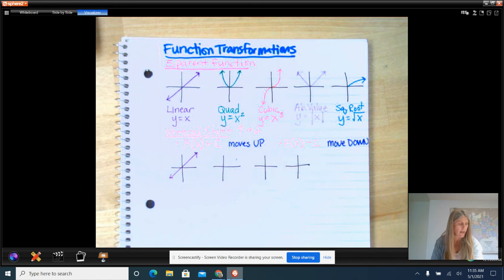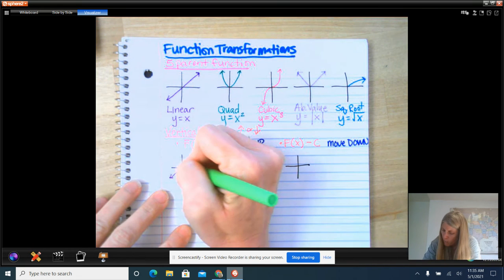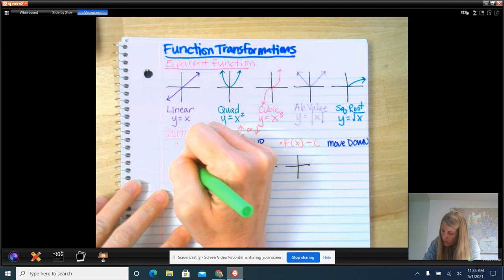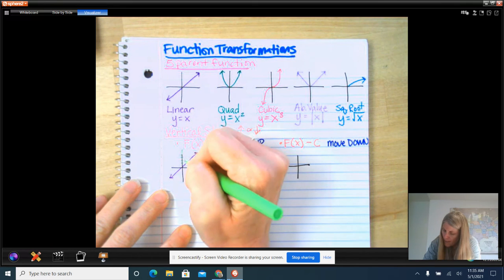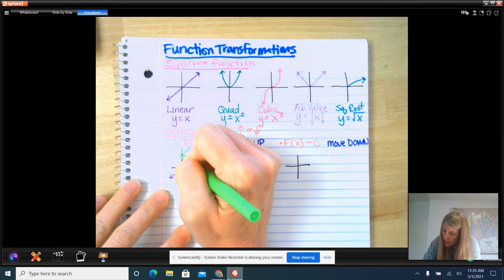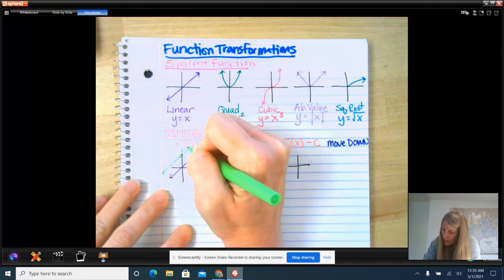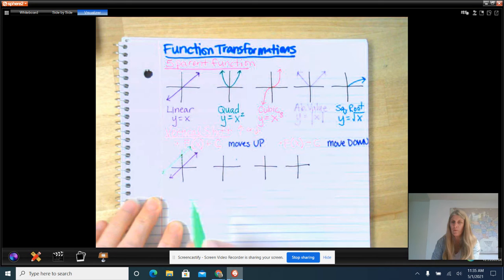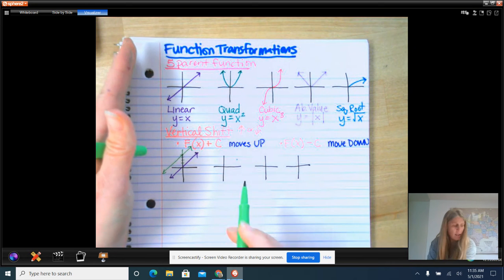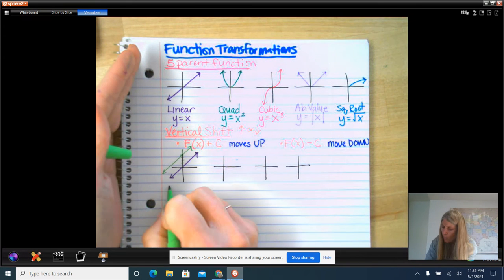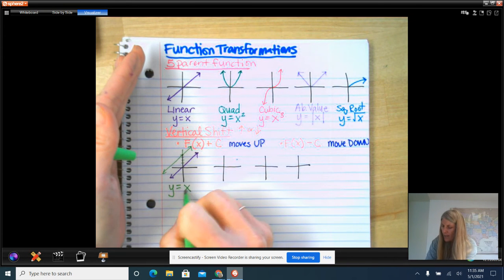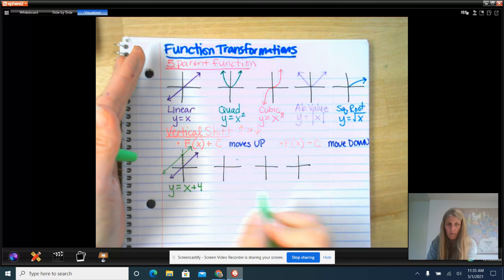And we're going to move it up 4. And what that means is we're going to have a parallel line, but it's going to be 4 up. And so when we write that, it is going to be y is equal to x plus 4, because we moved up 4.